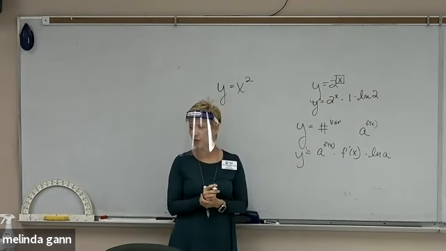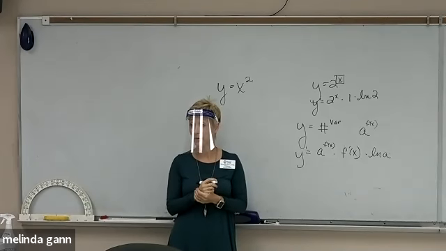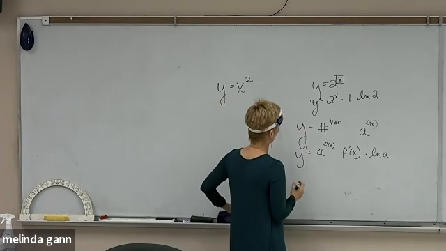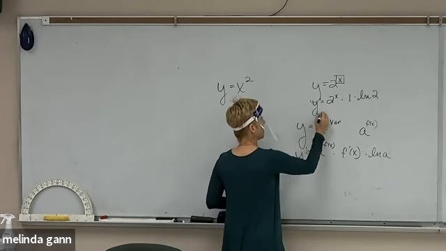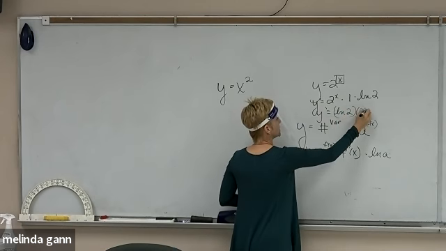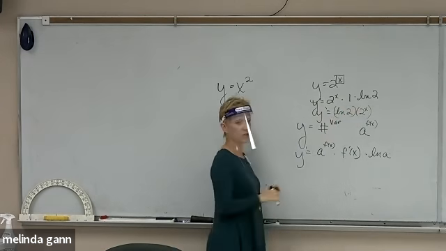Now the natural log of 2 is not a rational number. Is everybody with me? You can change the order, but you can't really make it look a whole lot better. So my derivative would just be the natural log of 2 times 2 to the x, whichever order you prefer.